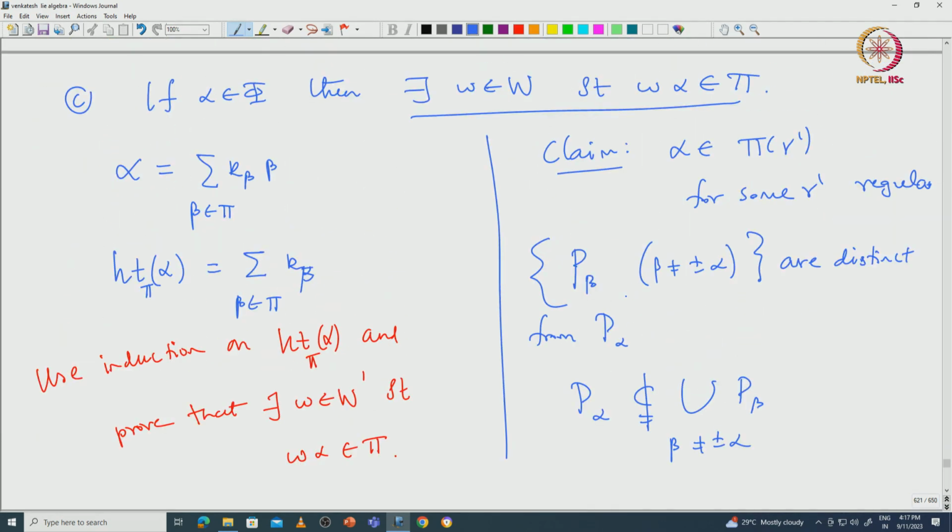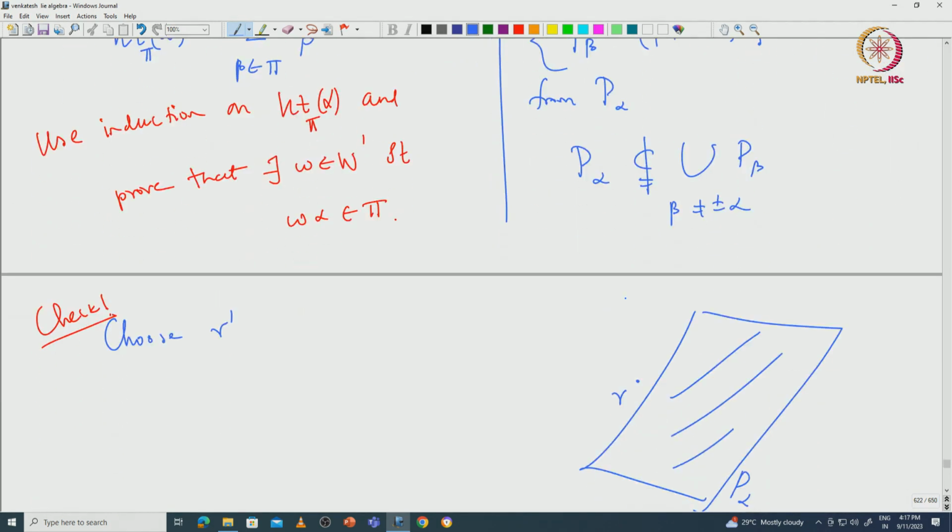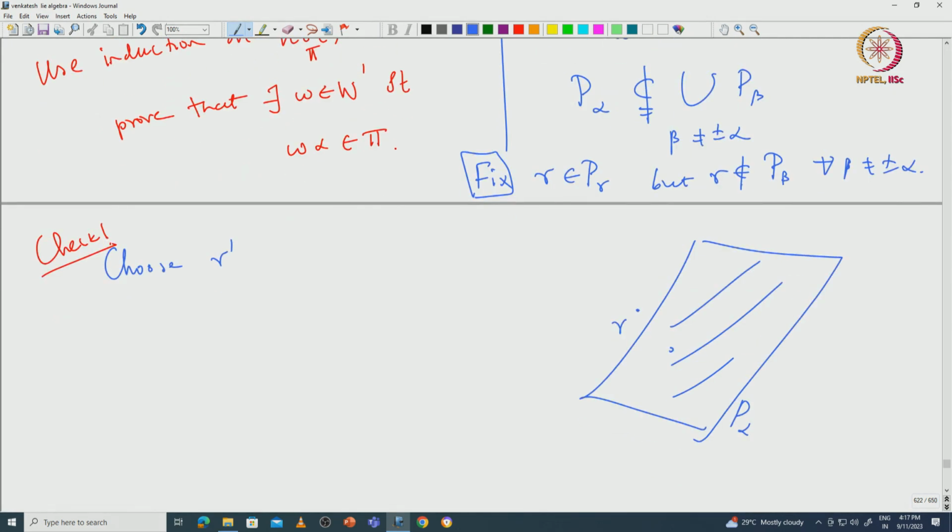Which is already taken to be, we will just fix gamma which is inside your P_alpha, but gamma is not in P_beta for all beta not equal to plus or minus alpha. So, that means this gamma is somewhere here.